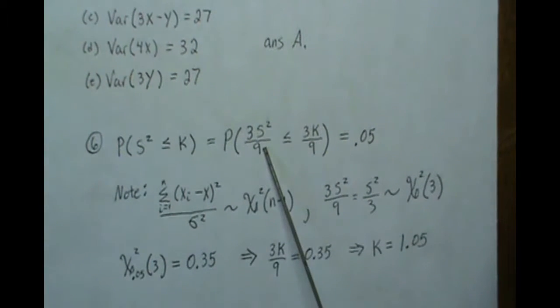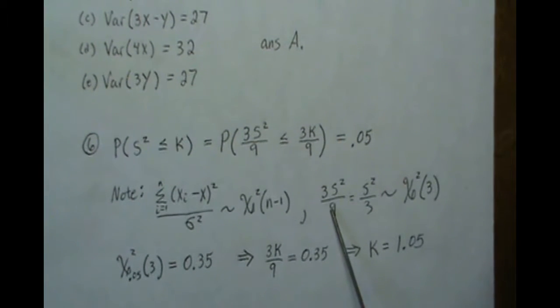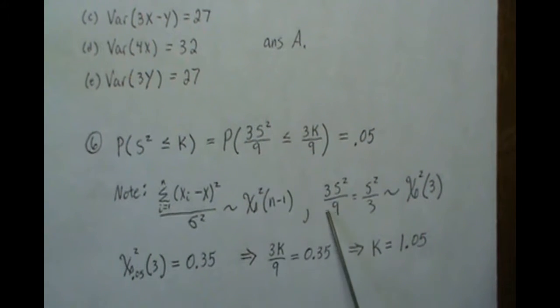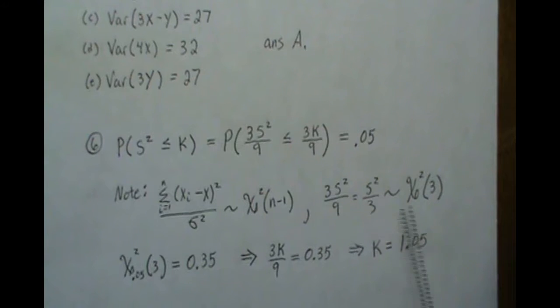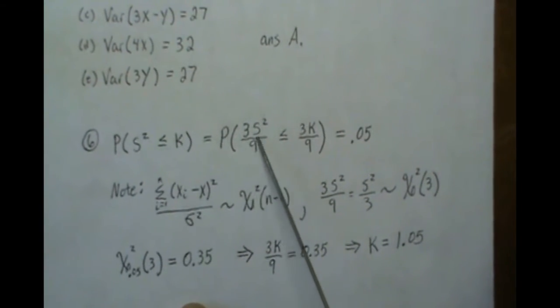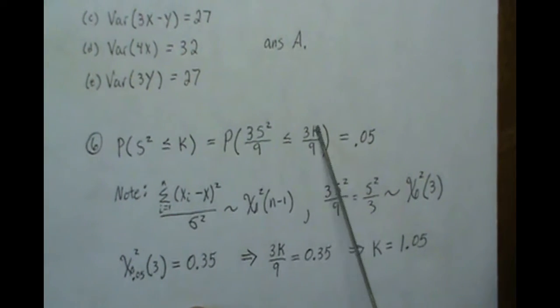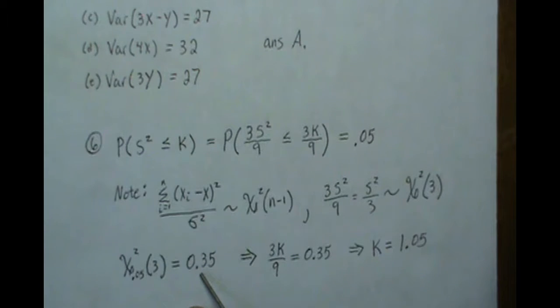So here we have this quantity, which reduces to this, which is chi-squared 3. And a chi-squared 3, 0.05 is 0.35. So if this is chi-squared, then this quantity is 0.35. So you set this quantity to 0.35, solve for k, and you get 1.05.